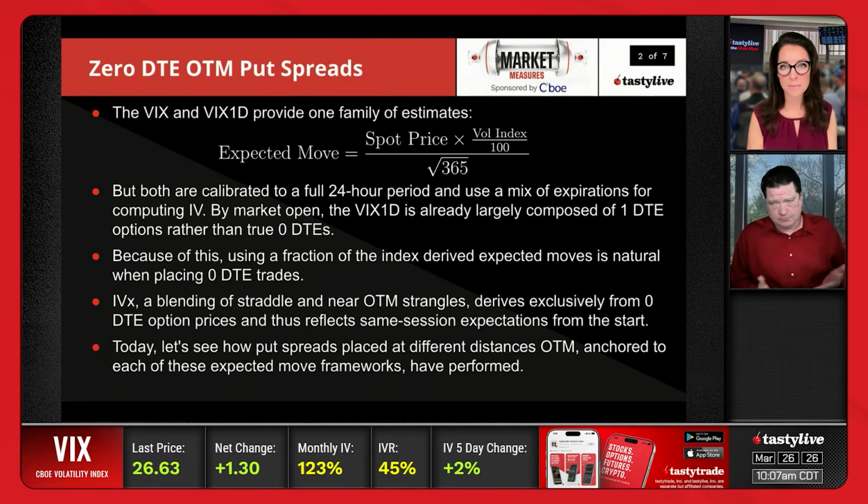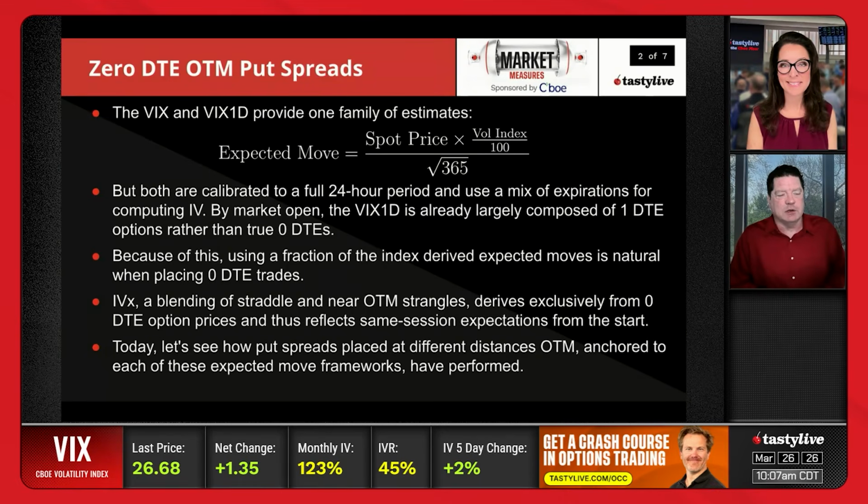You can use this in any product. So they turn, let's say, a 25% volatility into 0.25. That's what the vol index divided by 100 does. But when you divide it by the square root of 365, it converts an annual volatility into a 1 day volatility. The square root of 365 is 19 and change.